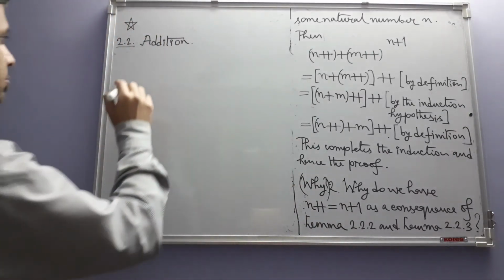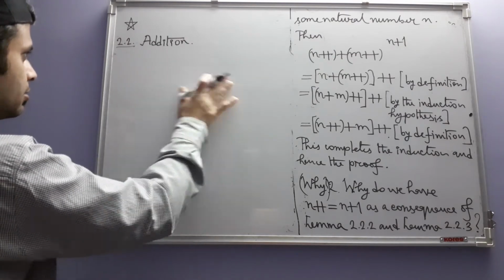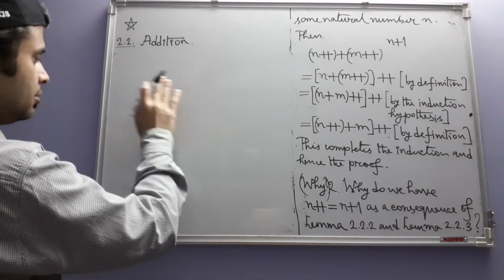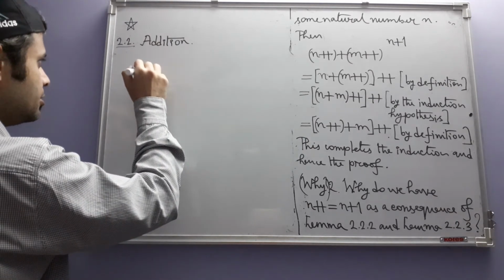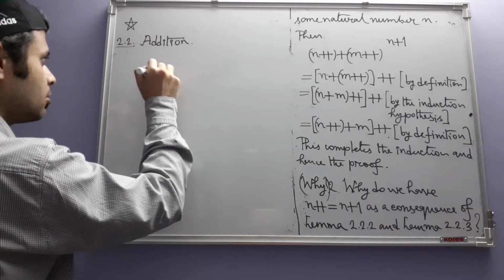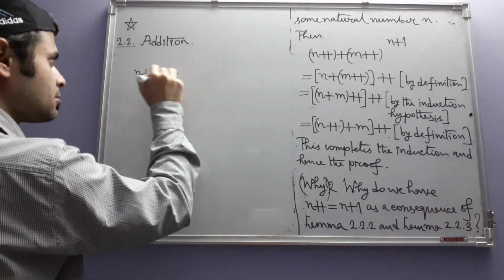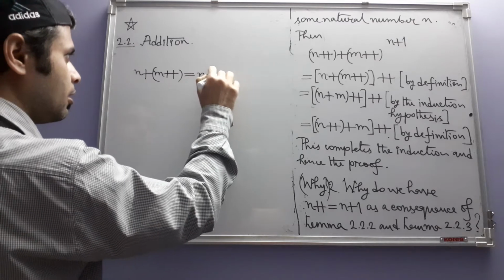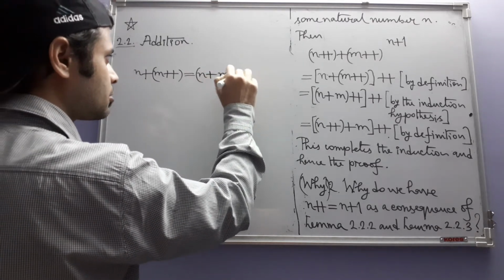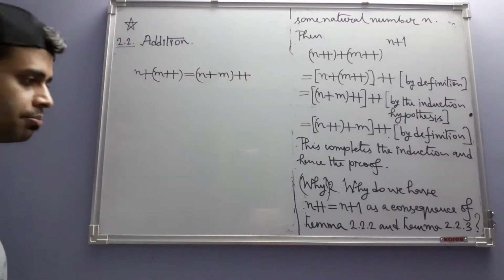Let's just see why. What does the second lemma tell us? Among these two lemmas, it says that n plus the successor of m is equal to the successor of n plus m.